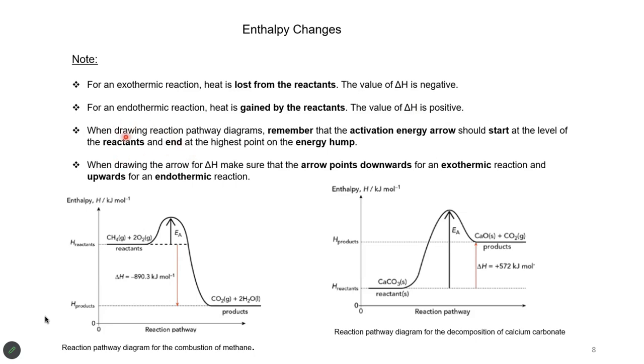Do you remember, when drawing a reaction pathway diagram, the activation energy arrow should start at the level of the reactants and end at the highest point of the energy hump. This is the highest point of energy.